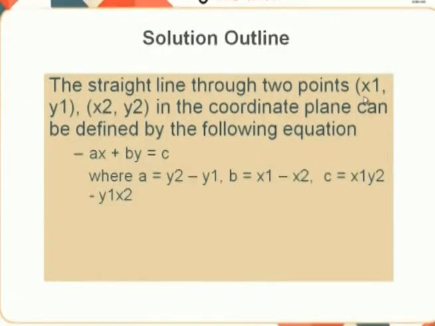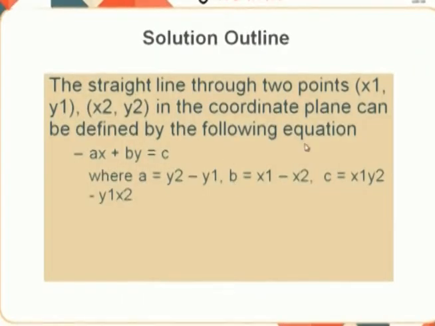So, in short, formally, if two points are given whose coordinates are (x1, y1) and (x2, y2), then you know very well this is the line equation. You can see that the line in the coordinate plane can be defined by the equation ax + by = c, where a is y2 minus y1, b is x1 minus x2, and c is x1y2 minus y1x2.